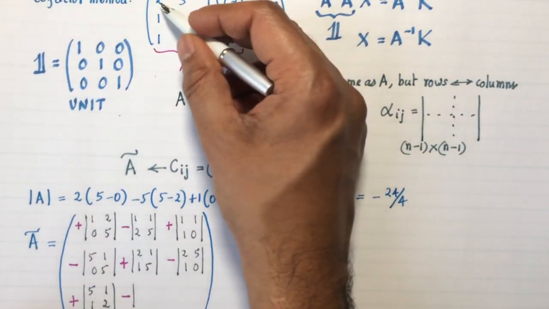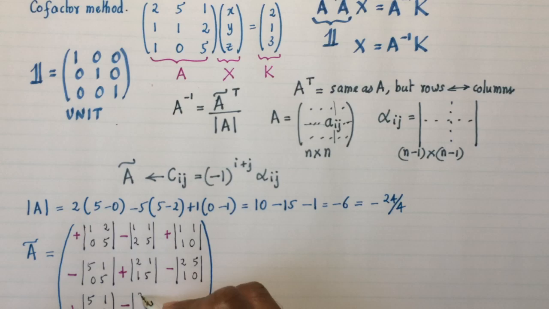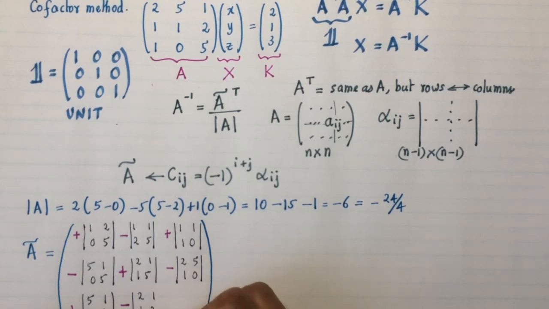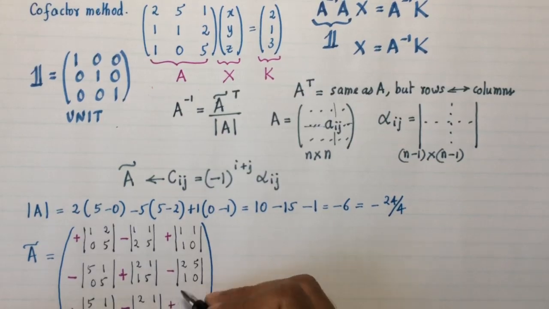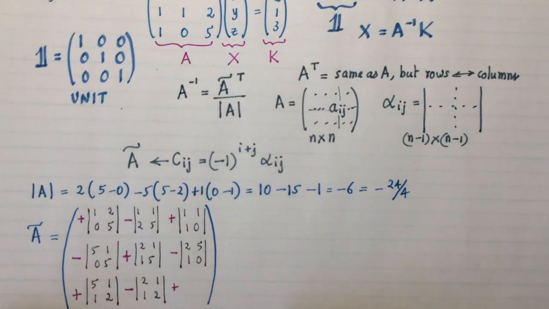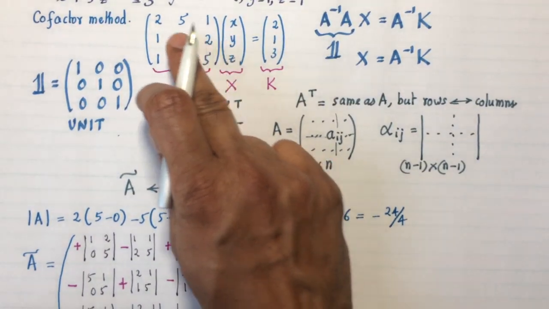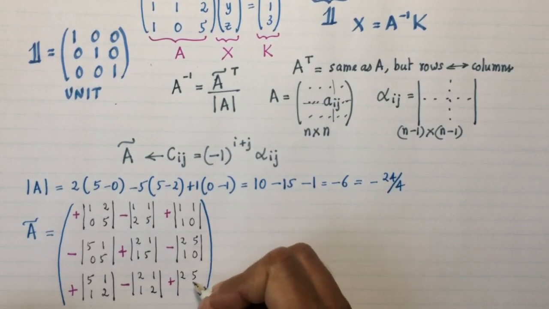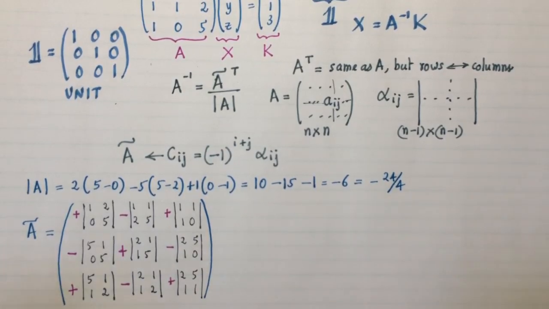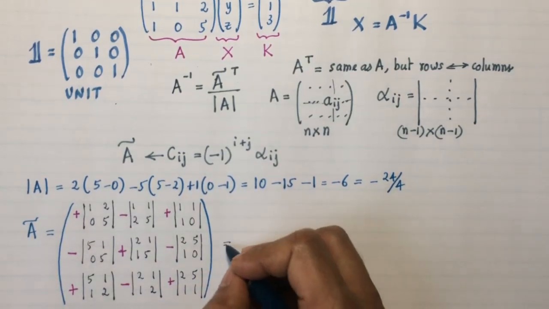Here I get 2112. Again a plus, and 5 controls 2511. There, I've written out the cofactor matrix. That's a big job, and that's done.